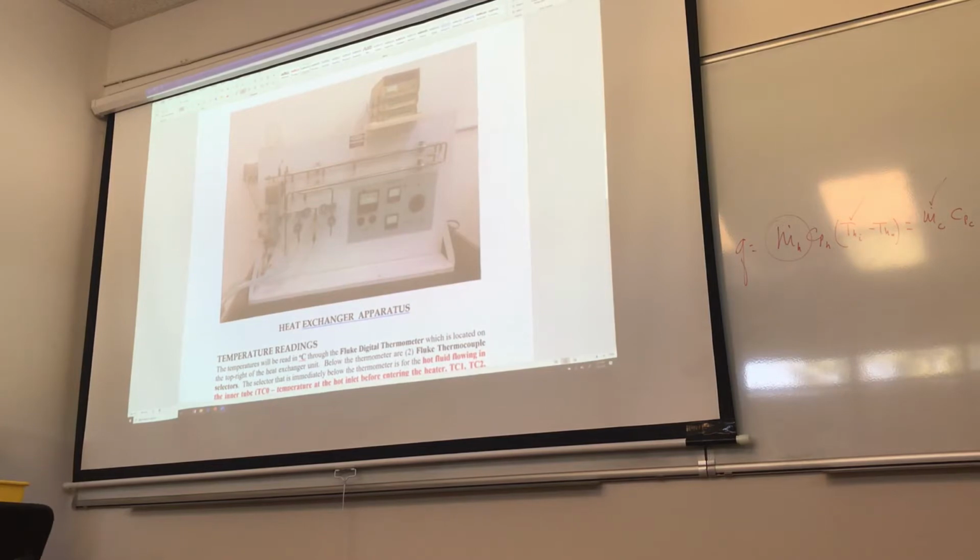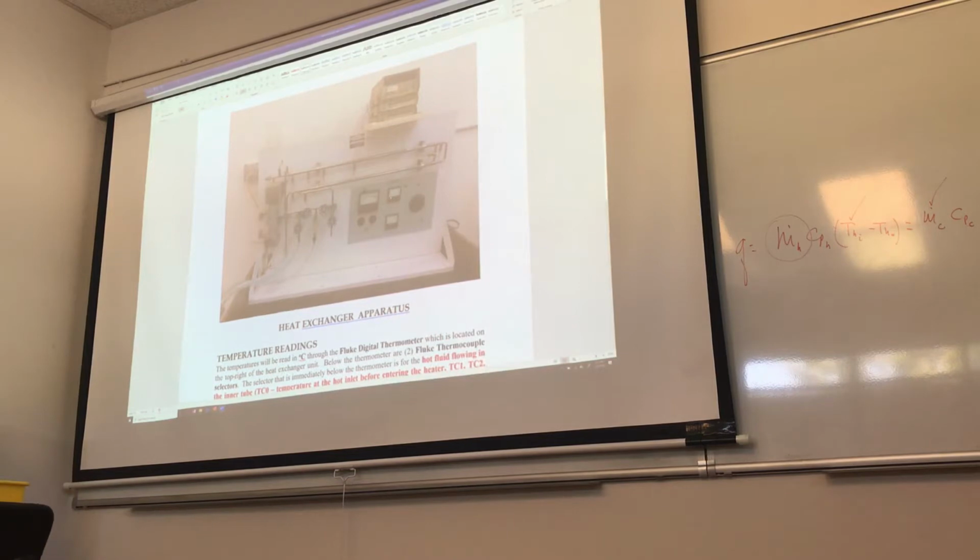So this is the hot fluid in. It comes in through here, and then what happens? There is a heater here, right? Even though the water comes in, we use the hot water tank that we have here, and then we add some heat to it. How do we add heat? By passing this through a resistive circuit in which we read the voltage and the current, right?